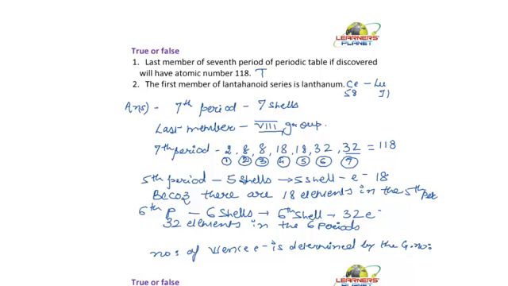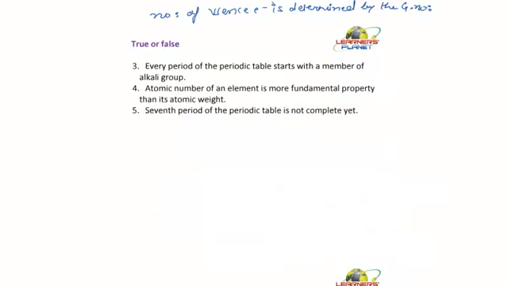Now let's move to our next question. It is again a true or false. Every period of the periodic table starts with a member of the alkali group. Is it? Say the first group elements. What are they, students?